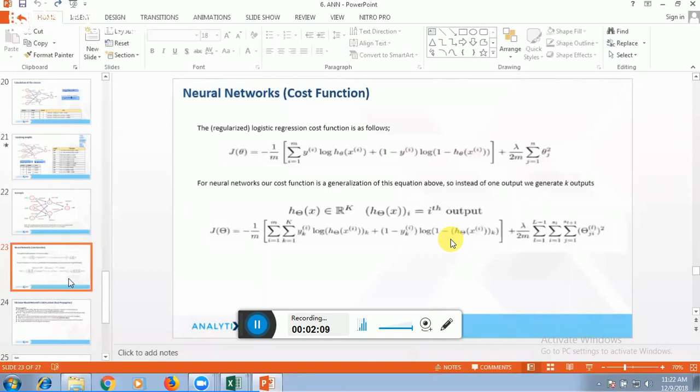Suppose in a simple logistic regression, you have one cost function. If you have a collection of logistic regressions, in this case we are performing multiple logistic regressions. Each neuron is one logistic regression, right? If I'm taking a sigmoid curve, each neuron is one logistic regression. That means neuron-wise, you need to estimate the betas. Do you agree with me?